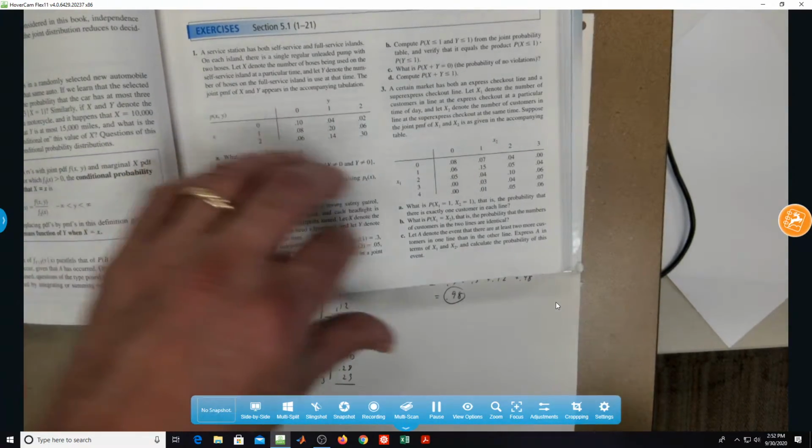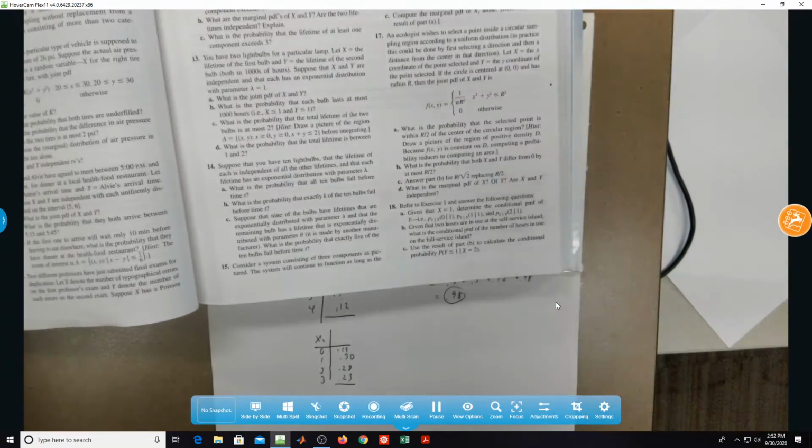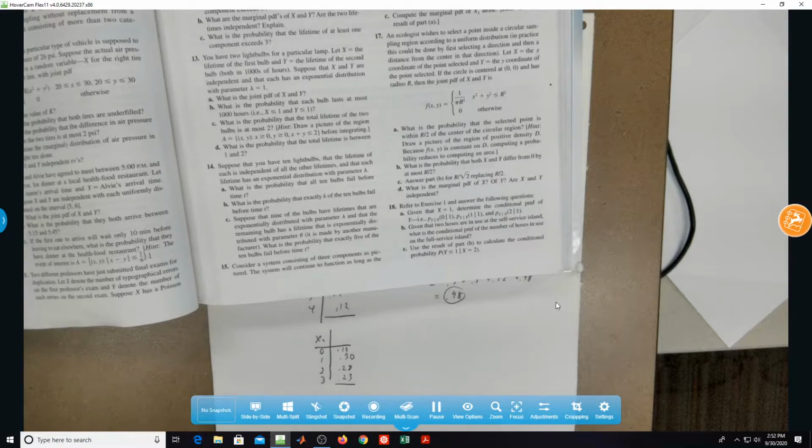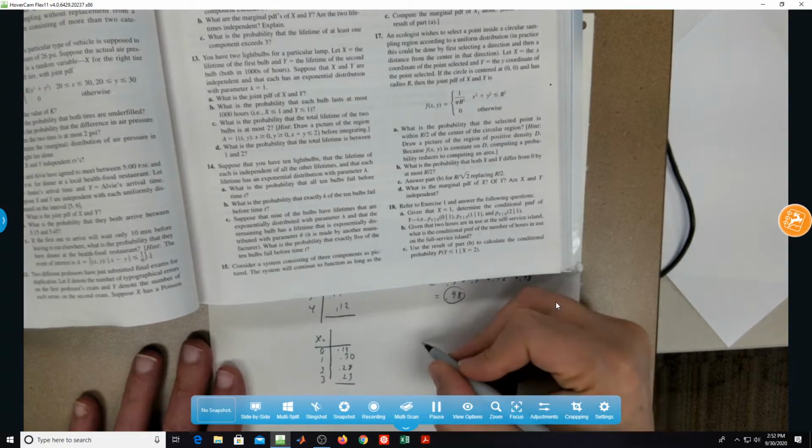And then finally it asks in the question, by inspection, the probability of x1 equals 4 and x2 equals 0, (4, 0), are they independent random variables? Well, so let's check that out.